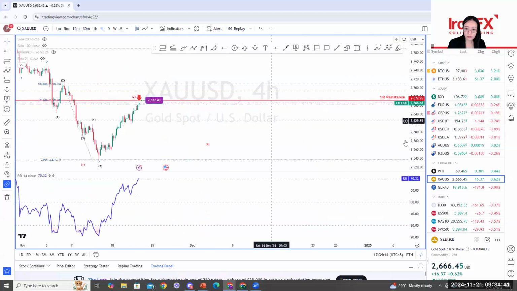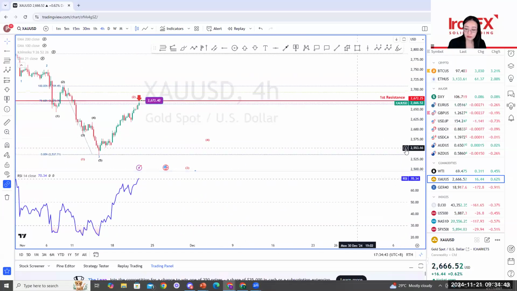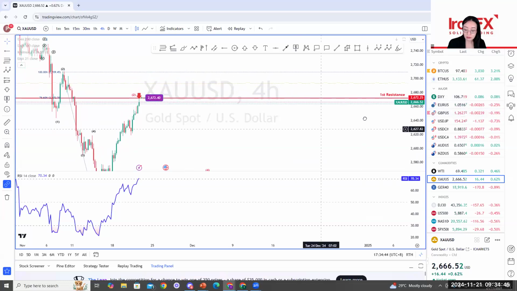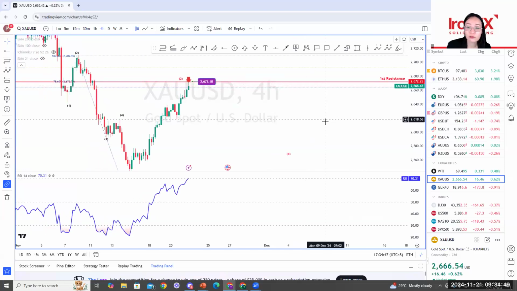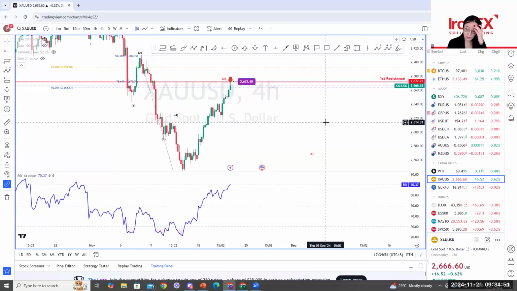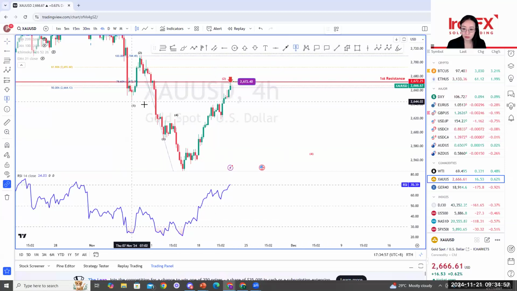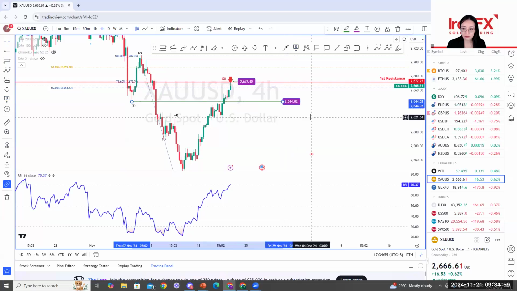If you sell here, if you sell at 26.72, this is going to be your TP1, which is this one, okay, which is 76.44 is your TP1.